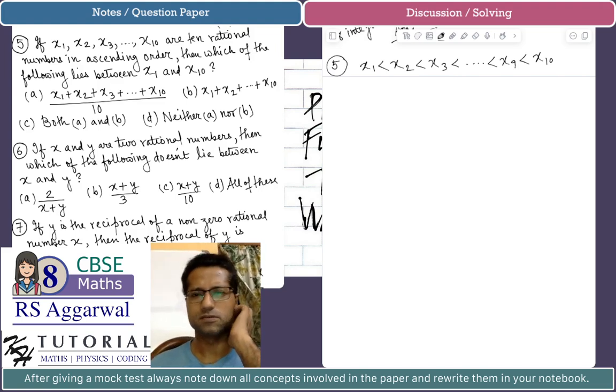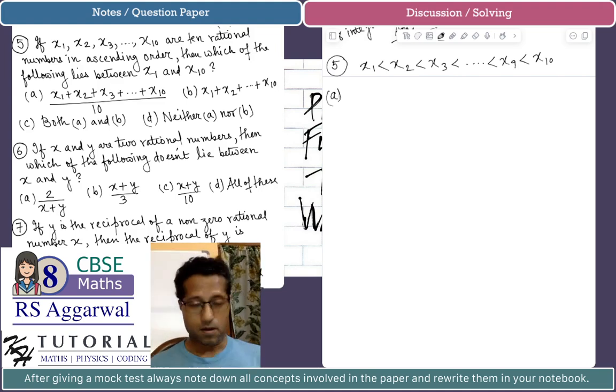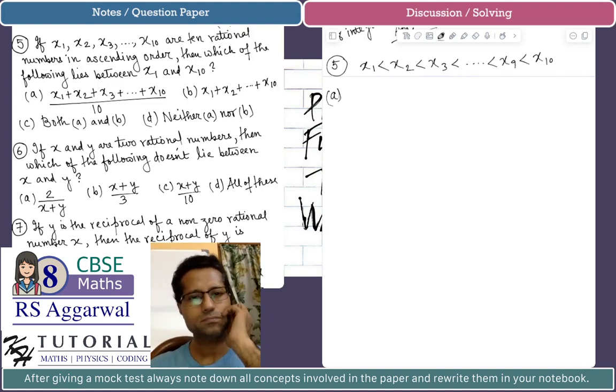Now it is asking which of the choices lies between x1 and x10. For this kind of problem, we have to see the choices. It is x1 plus x2 plus x3 up to x10 divided by 10. Will this lie between x1 and x10?